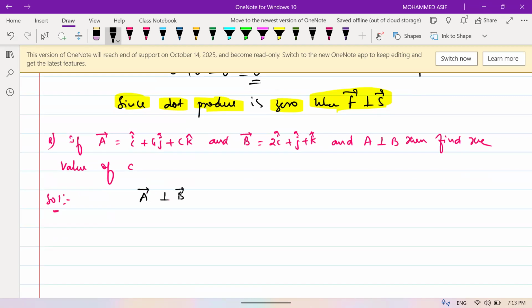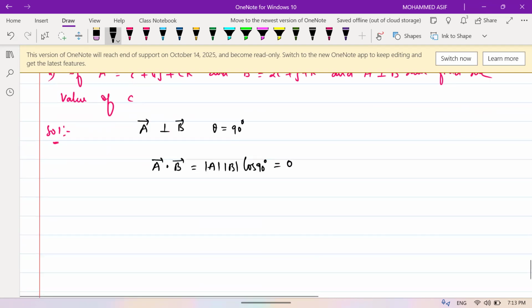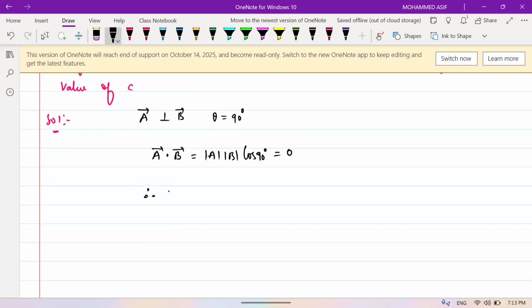If A bar is perpendicular to B bar, it means theta is 90 degrees. Then A bar dot B bar is equal to mod A mod B cos 90, and cos 90 is 0. Therefore, A bar dot B bar will be equal to 0.